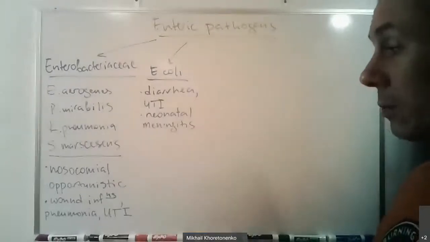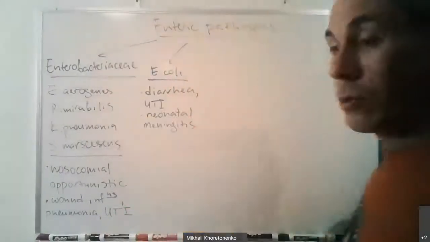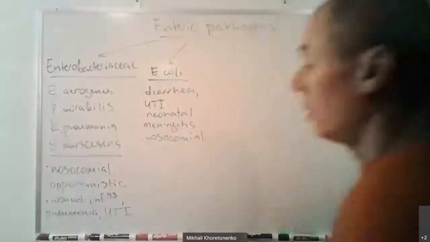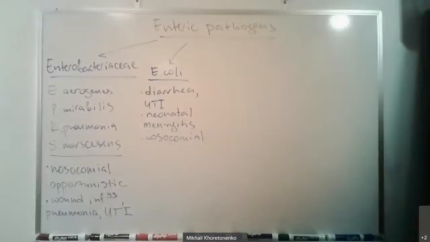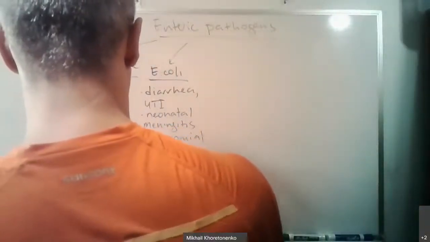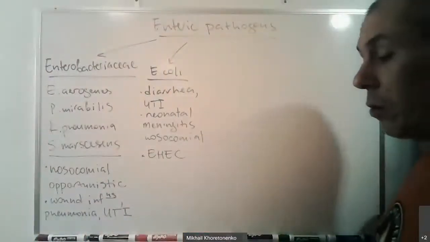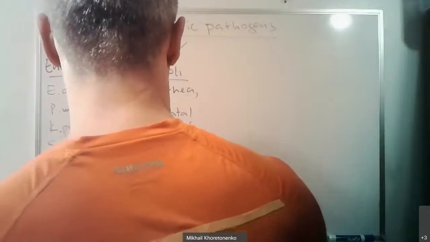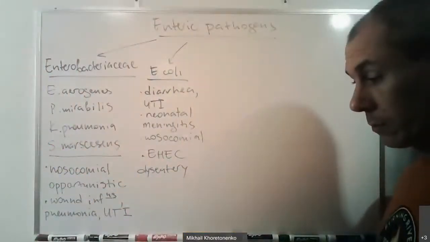Now, as with Enterobacteriaceae, transmission can be nosocomial. One particular strain that I wanted to address here, I have a whole bunch of strains of E. coli in the lecture notes, but one that I really want to address is enterohemorrhagic E. coli, EHEC. Enterohemorrhagic E. coli causes dysentery, which is basically a bloody stool.